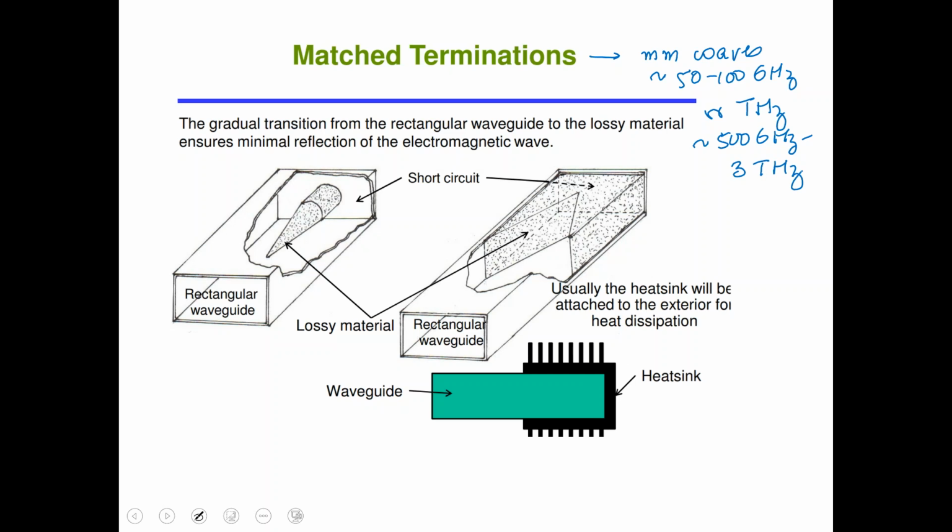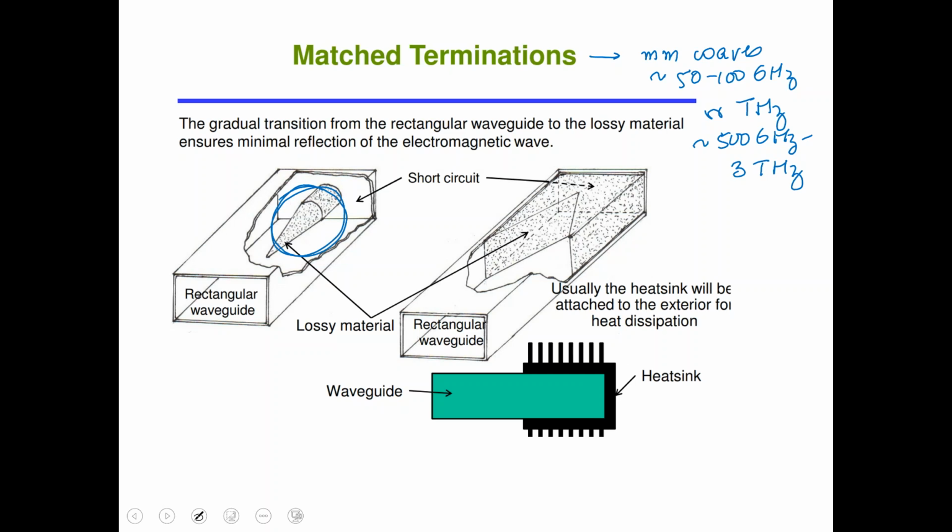So you have a rectangular waveguide and you want to support another material, normally a dielectric, through which a wave is going to be propagating. The dielectric wave impedance is going to be much different than the wave impedance of the rectangular waveguide, so you start seeing a lot of reflections at that point.